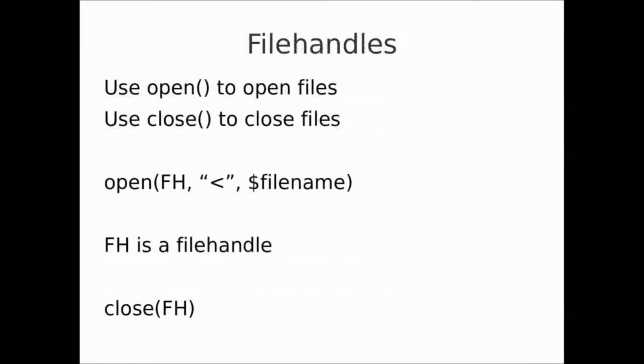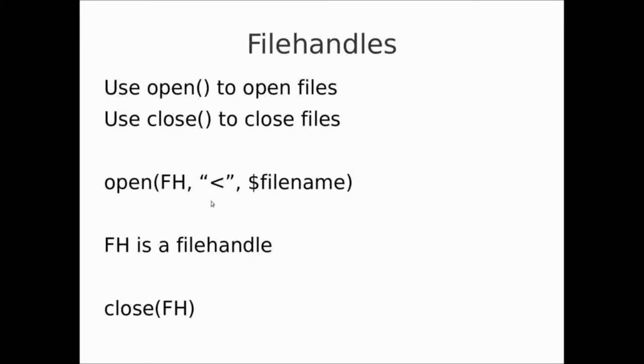Let's take a look at file handles. So open and close. We use open to open files, close to close files, pretty obviously. And the open command takes 3 arguments. The first, usually abbreviated something like FH or IN, is a file handle that we're going to use subsequently.